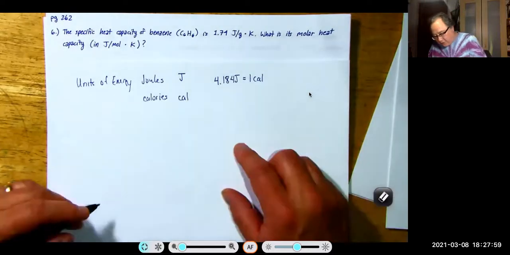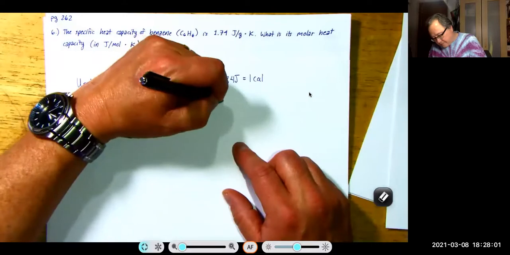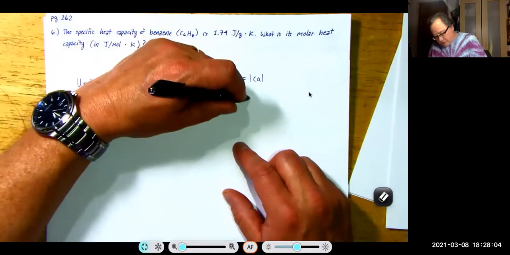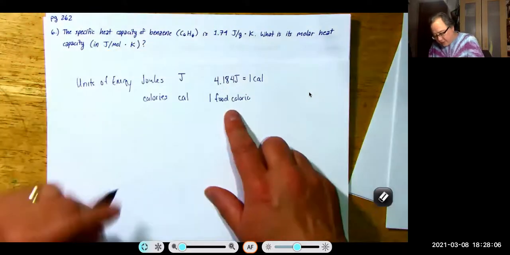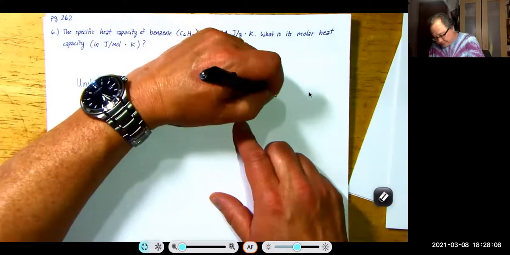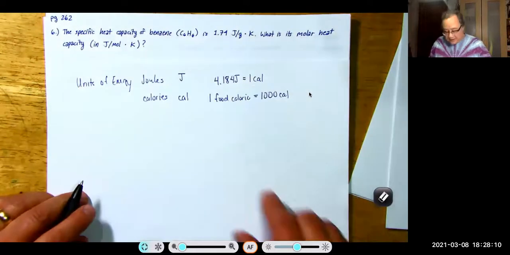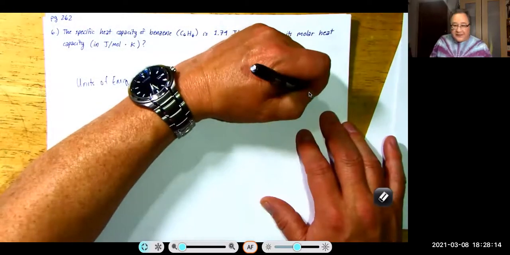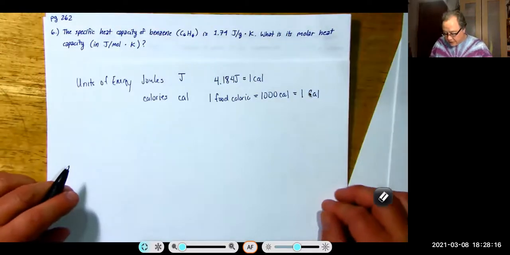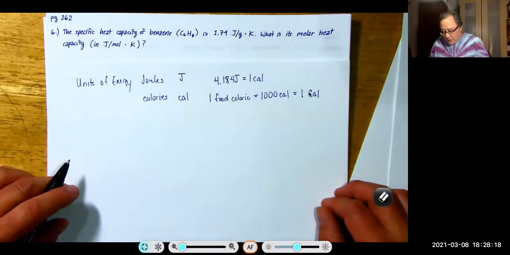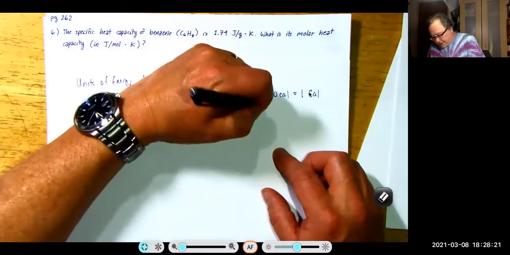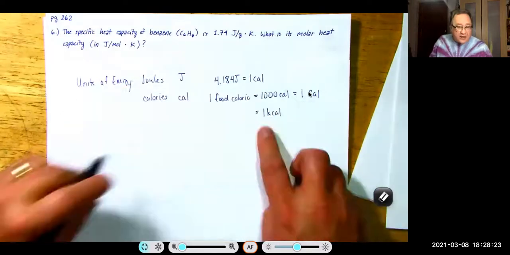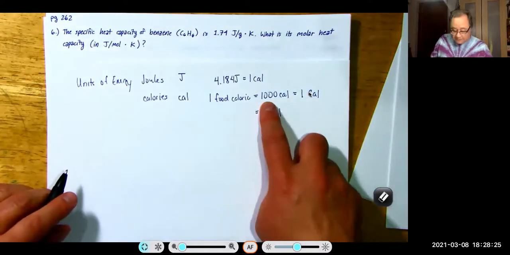Now, there is something called the food calorie. So 1 food calorie is 1,000 of these calories. And for a food calorie, you use an uppercase C. A lot of people like to call this a kilocalorie because 1,000 is a kilo.